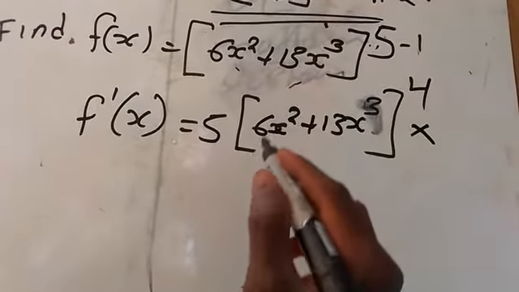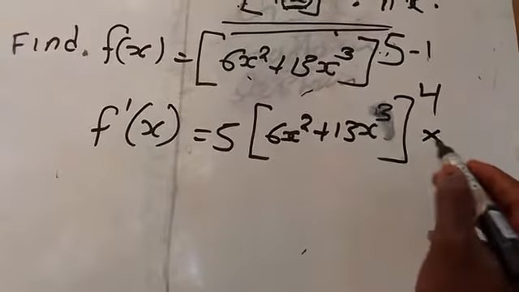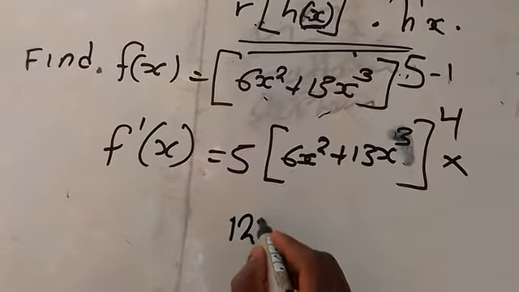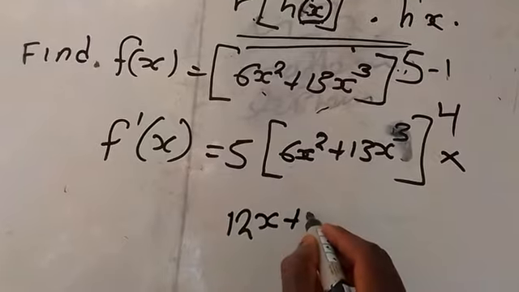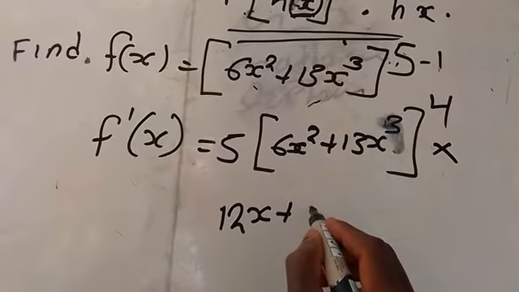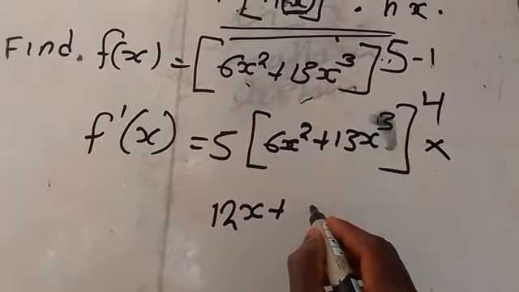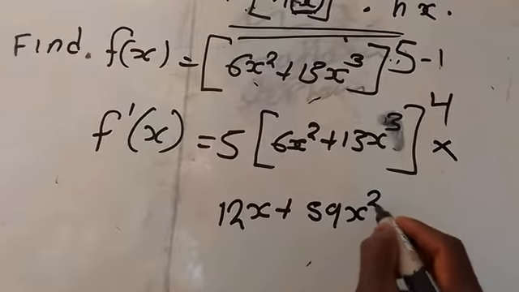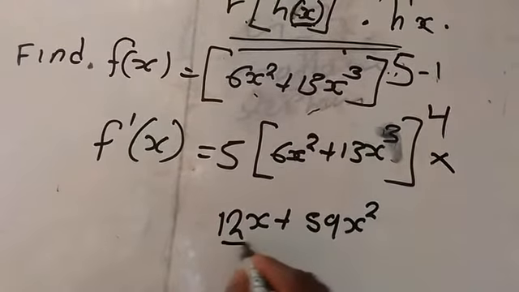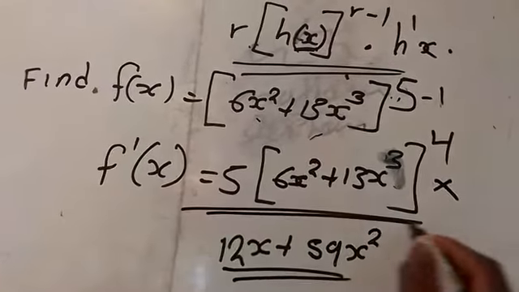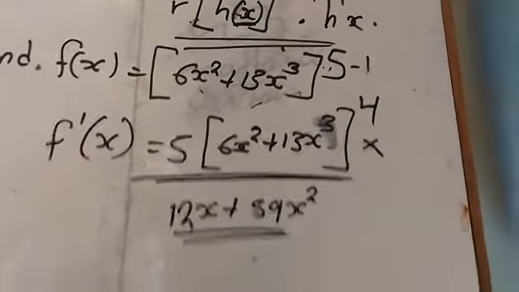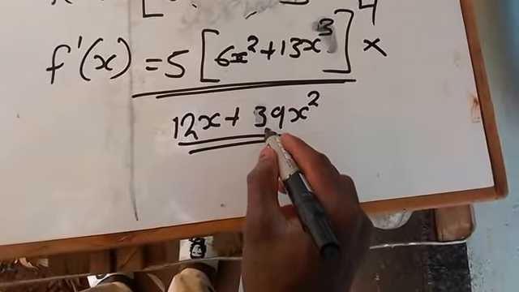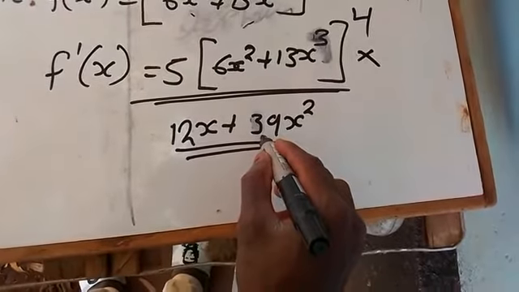the differentiation of the inner function, which will be 12x plus 39x squared. Sorry, it is 39, not 59 as I had written it.